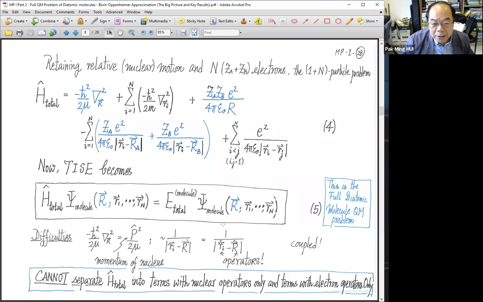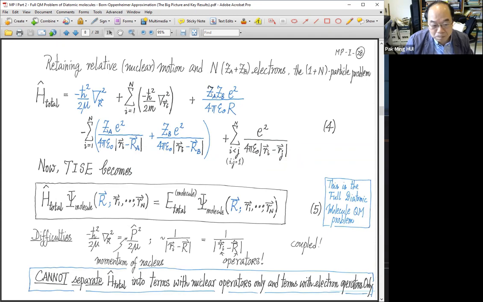In principle, it is hopeless to decouple or separate the variables. One may think you want to do a separation of variables exercise. However, this kind of coupling of the electronic coordinates and the nuclear positions, as well as the electronic interaction, make it a real many-electron problem, as well as a real coupled electron-nuclear problem.